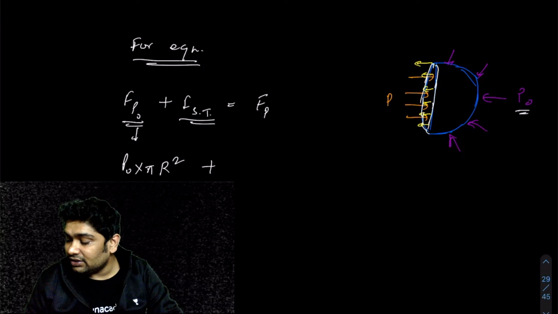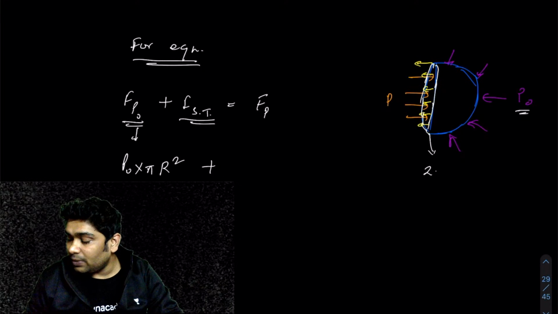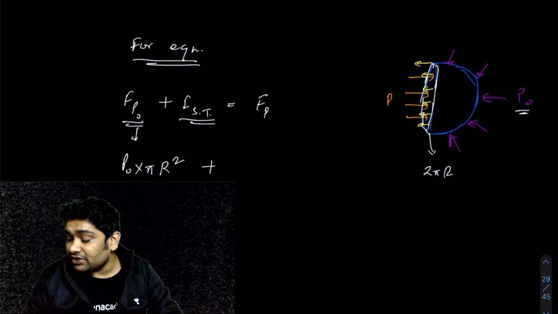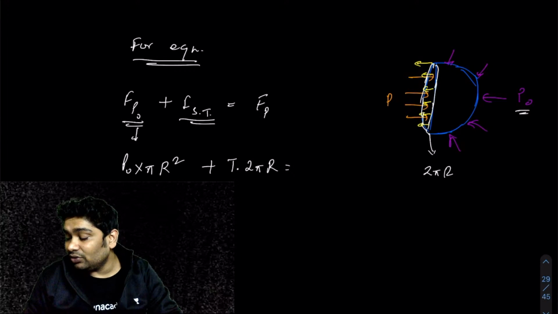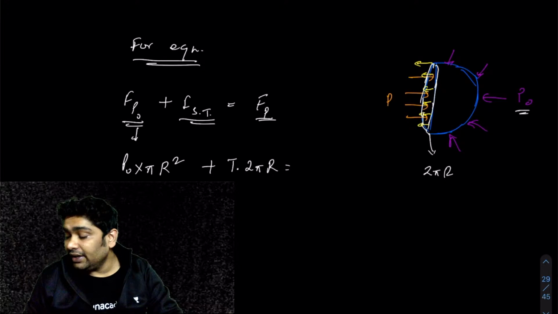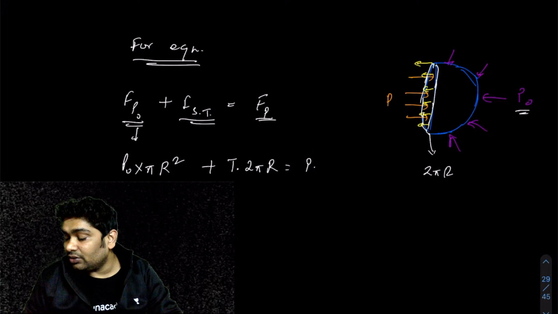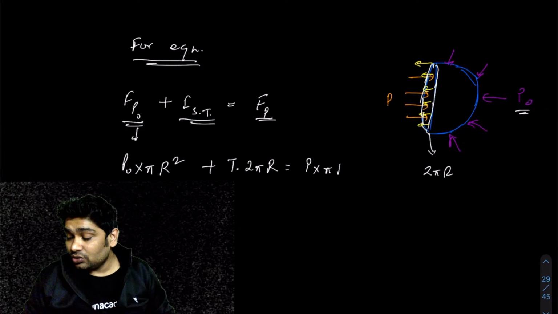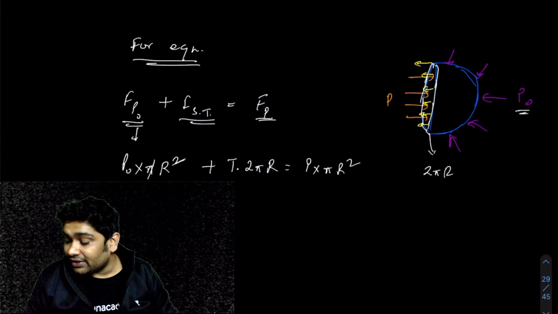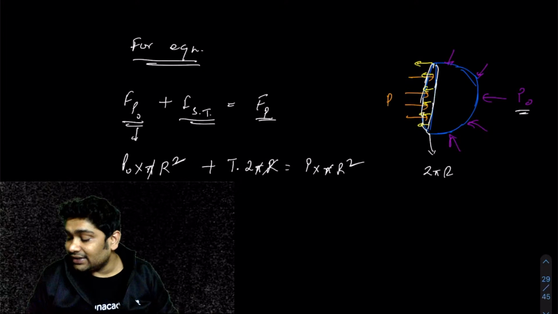What is this length? This length is 2 pi r. So the surface tension force would be T times 2 pi r, and that would be equal to the force due to the internal pressure, which would be P into pi r square.